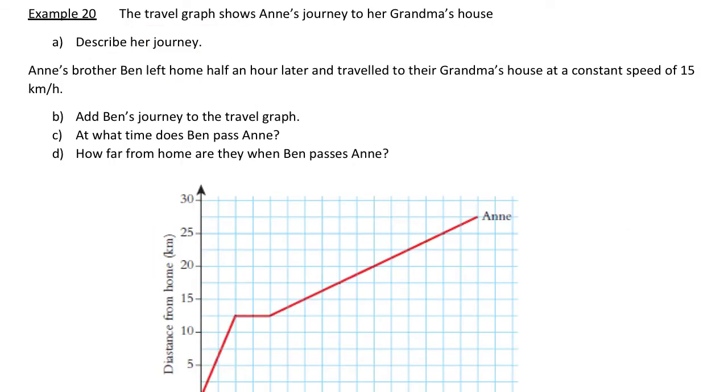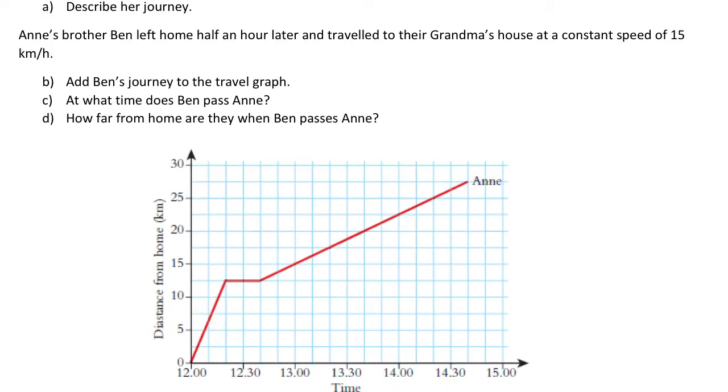So example 20, the travel graph shows Anne's journey to her grandma's house. Describe her journey. So what we can say then is that Anne, for the first part, which is from 12 to 12:20, she's travelling at a constant speed. So constant speed from 12 to 12:20.